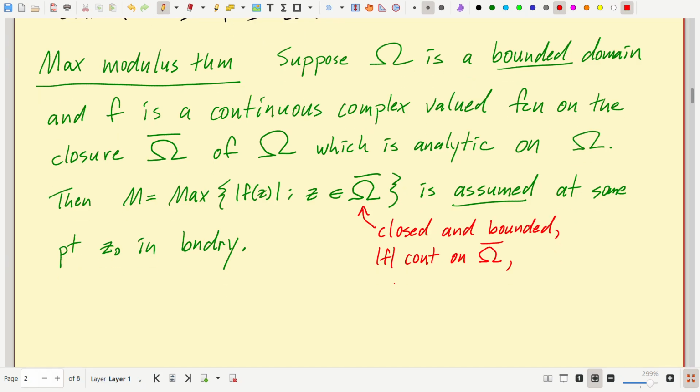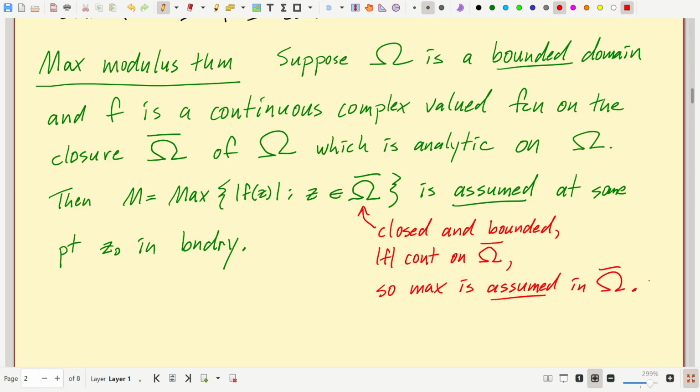So the max is assumed someplace, someplace in the omega closure.